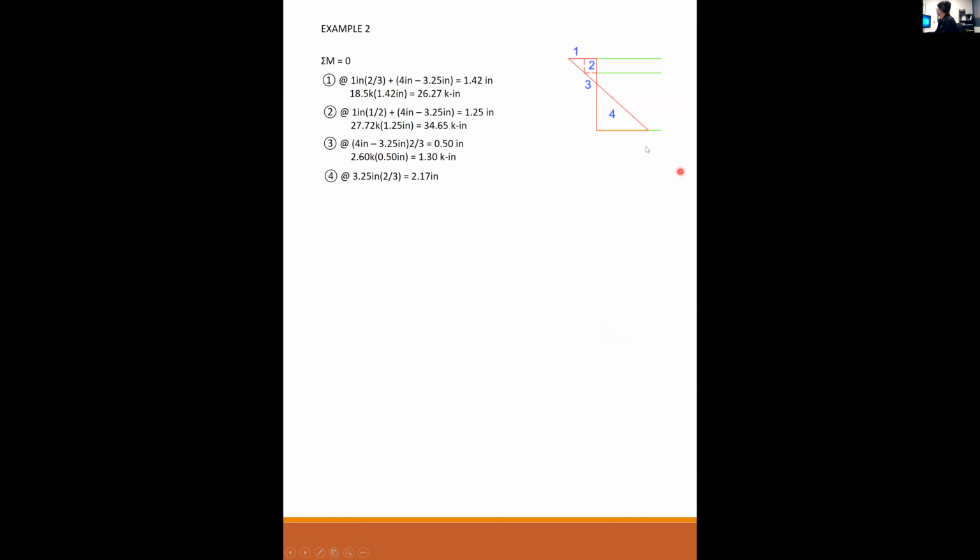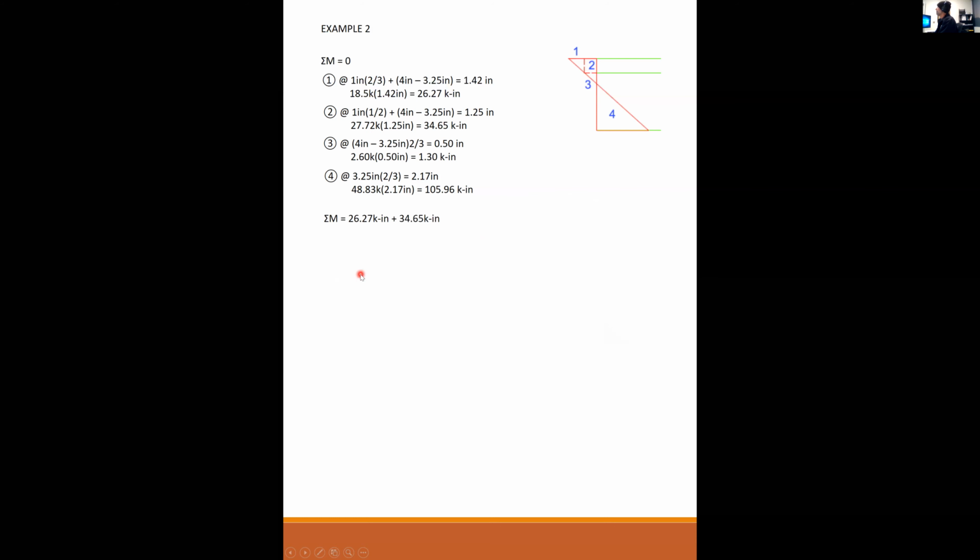Number 4, we have a triangle that is 3.25 high, so the resultant is at 2/3 of that, so 2.17 inches. The resultant of 4 was 48.83. This one is in tension, so it's pushing to the left, which about this centroid is still turning it in the clockwise direction. So I got 105.96 kip inches.